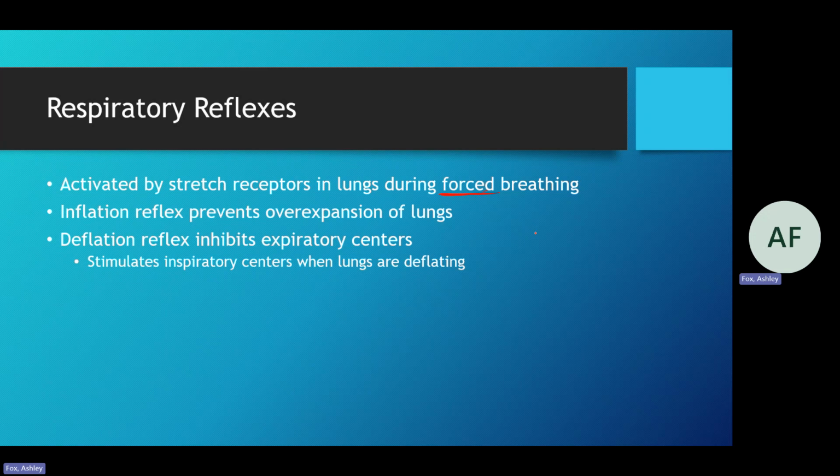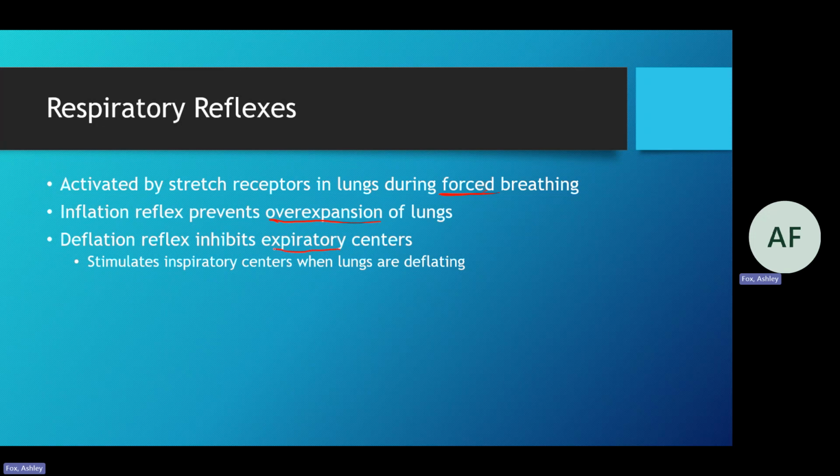There's only so much you can breathe in and only so much you can breathe out because of these reflexes. The inhalation reflex prevents you from inhaling too much, so your lungs are not overexpanded, and your deflation reflex makes sure you can't deflate your lungs too far.